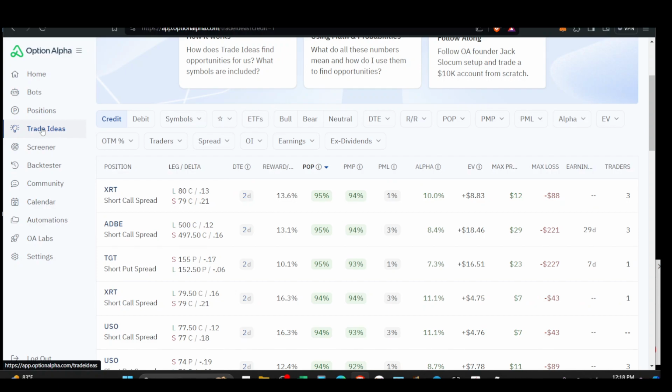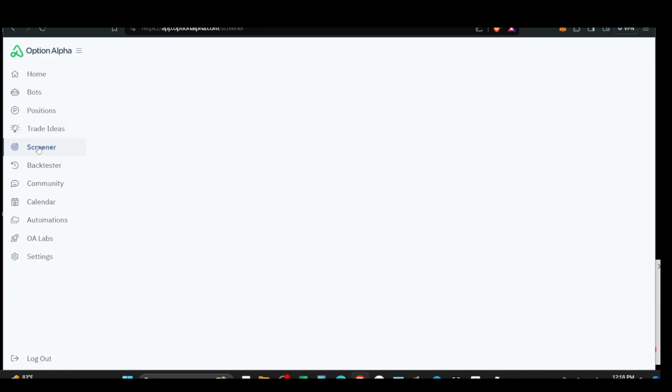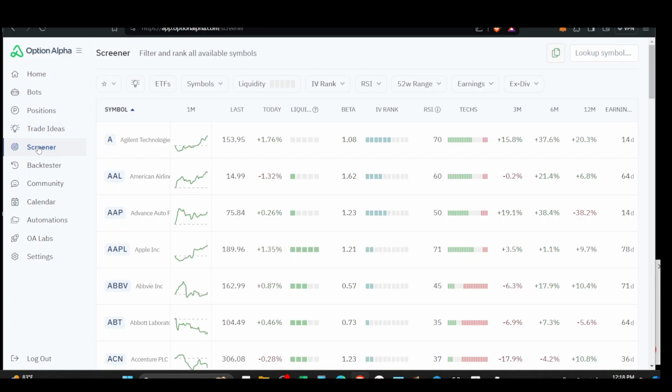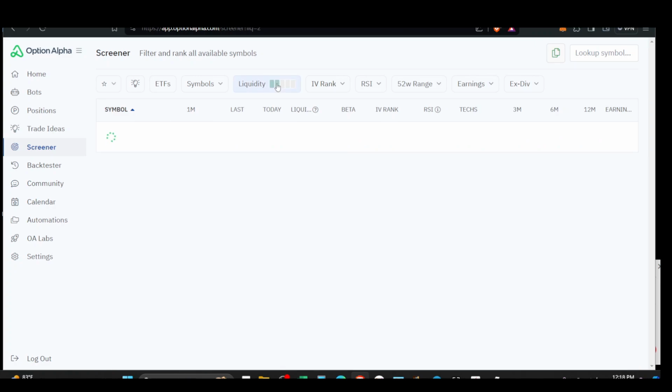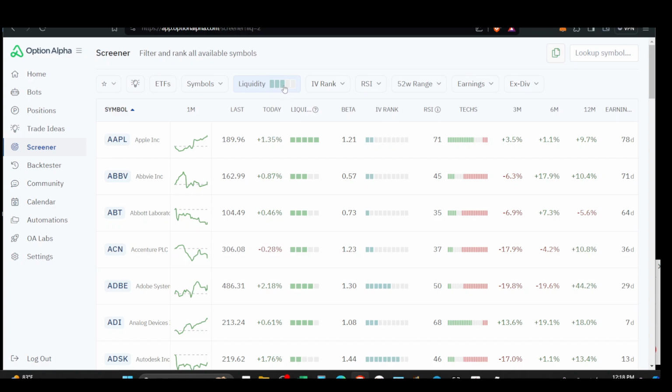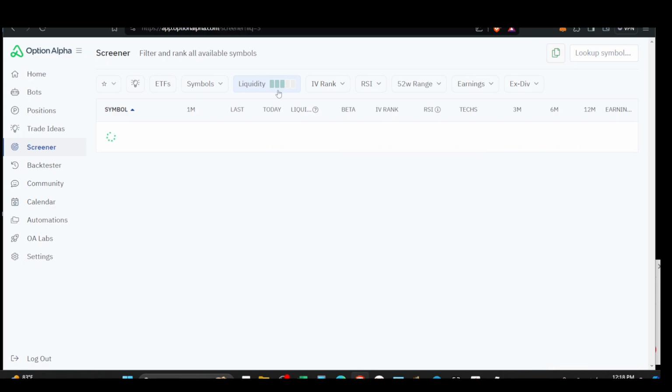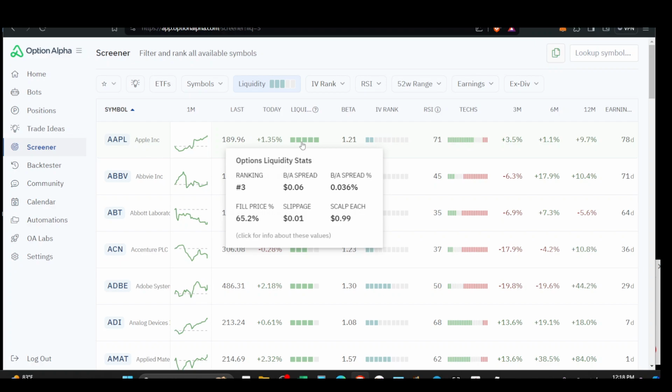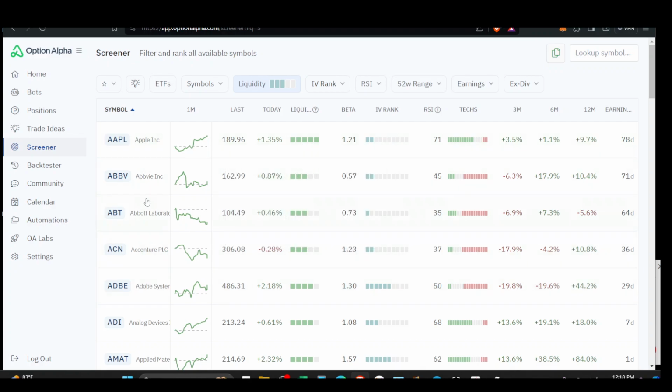Of course there is something else here. There is a screener. Of course you can use the screener to check whatever you want. If you want stocks with certain liquidity, let's say more than three of these dots, these are strong stocks with lots of liquidity.